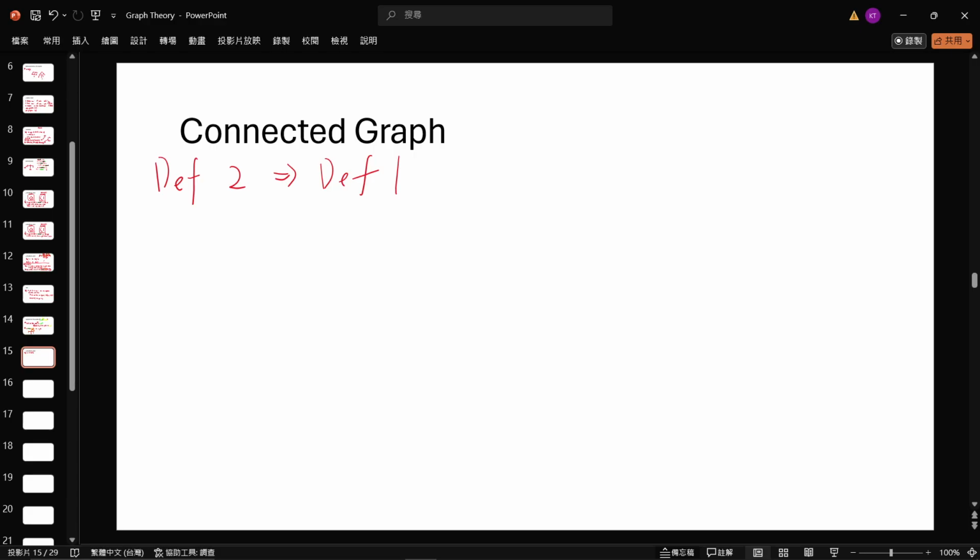This is usually easier, compared to the other direction where we have a weaker definition, and magically we show that this weaker definition actually implies the stronger one. But for this one, it's quite trivial.